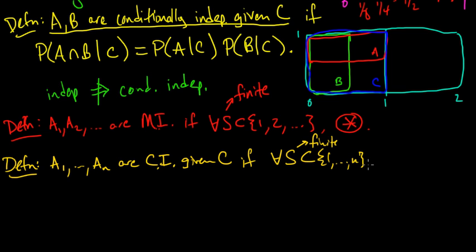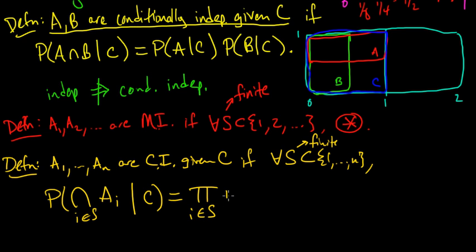If for any S subset of these indices, we have the probability of the intersection of the events given C equals the product of the conditional probabilities of Ai given C. So this is a set of events that are conditionally independent given another event.